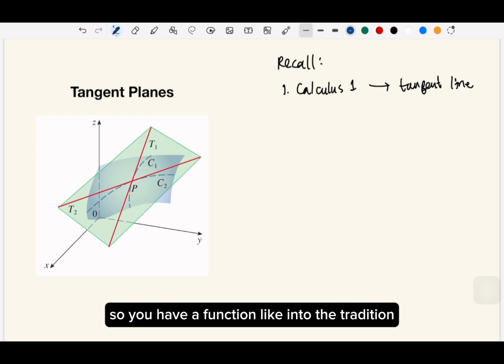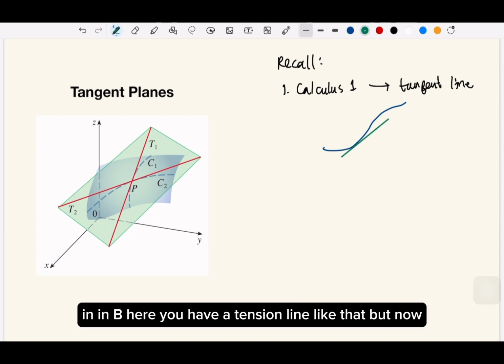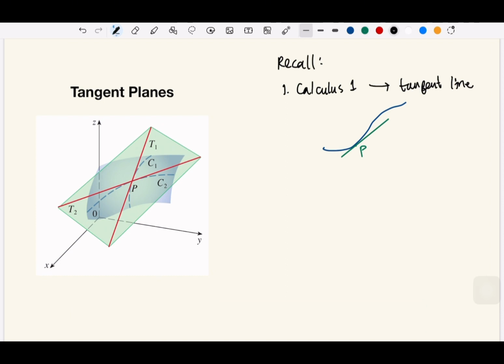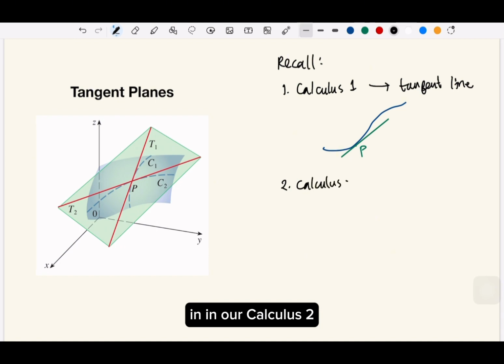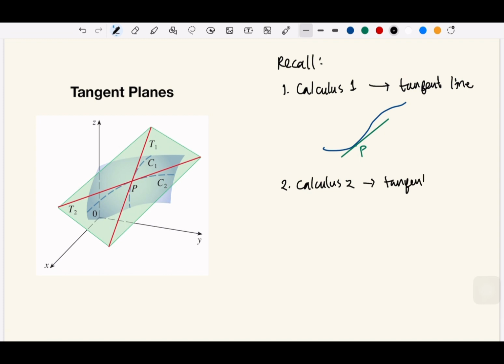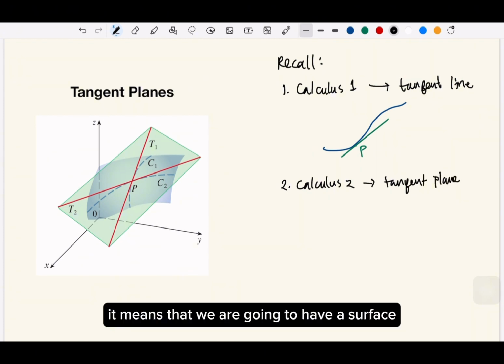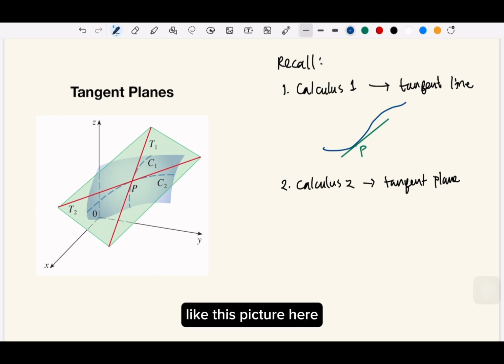So you have a function like in 2D Cartesian, and you have this, right? So for example, at P here, you have a tangent line like that. But now, in our calculus 2, we are going to have a tangent plane. So what does this mean? It means that we are going to have a surface like this picture here.